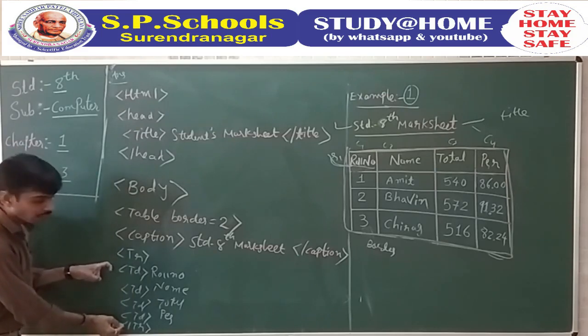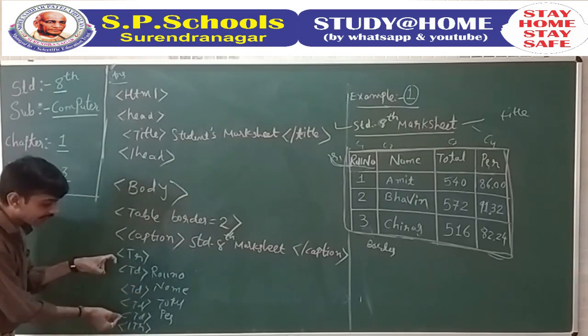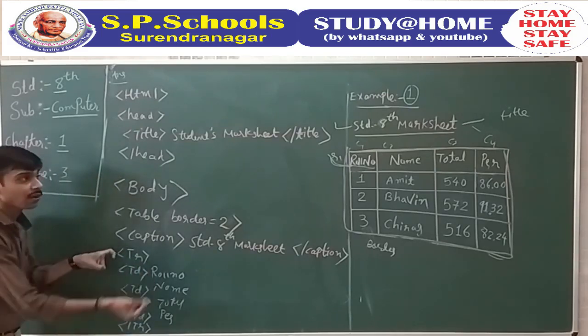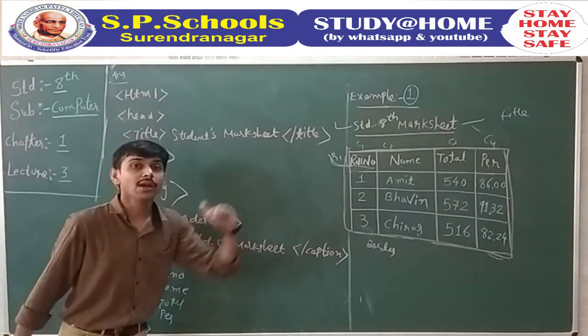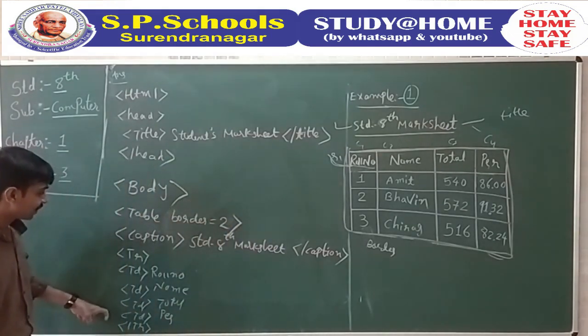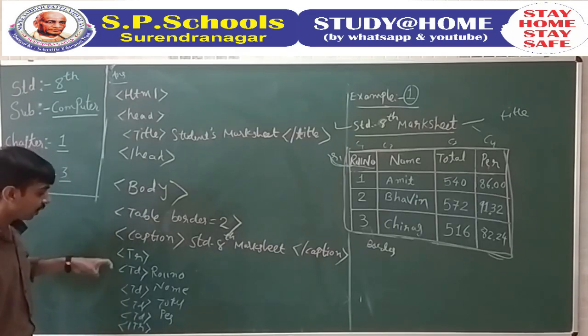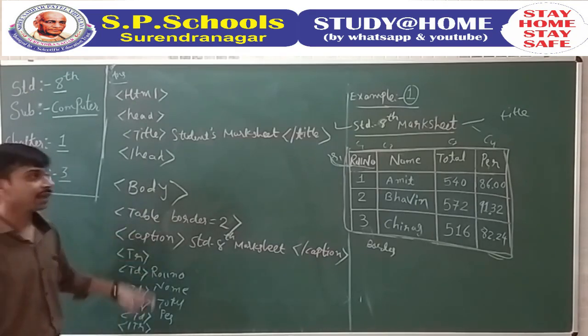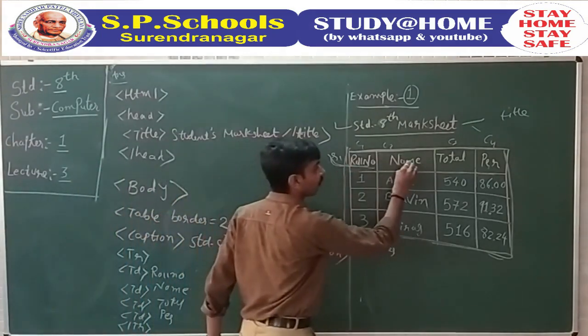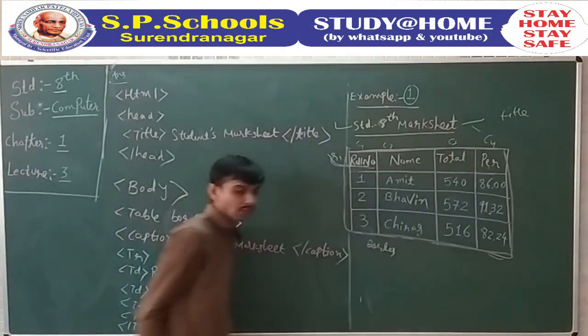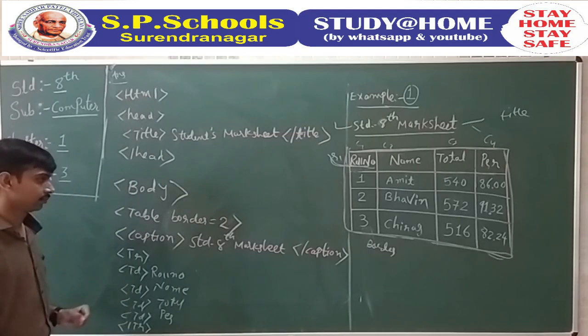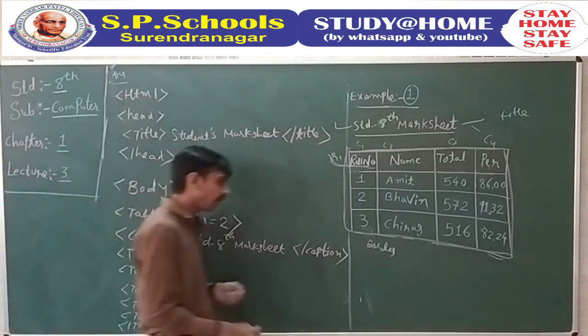Our first row is over. That first row lies with 4 table data or cells. So this is our first table row with individual table data, that is 4 table data, 1, 2, 3 and 4.